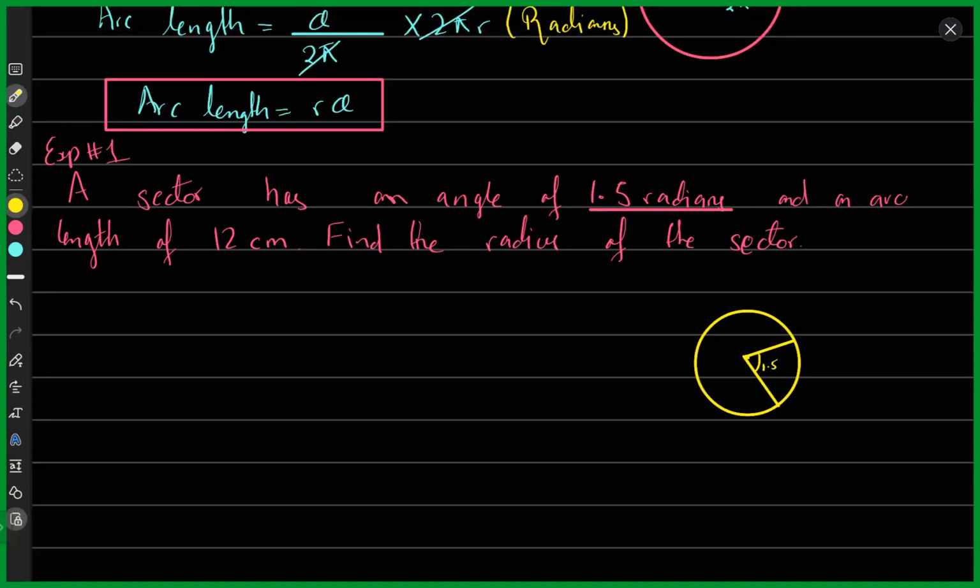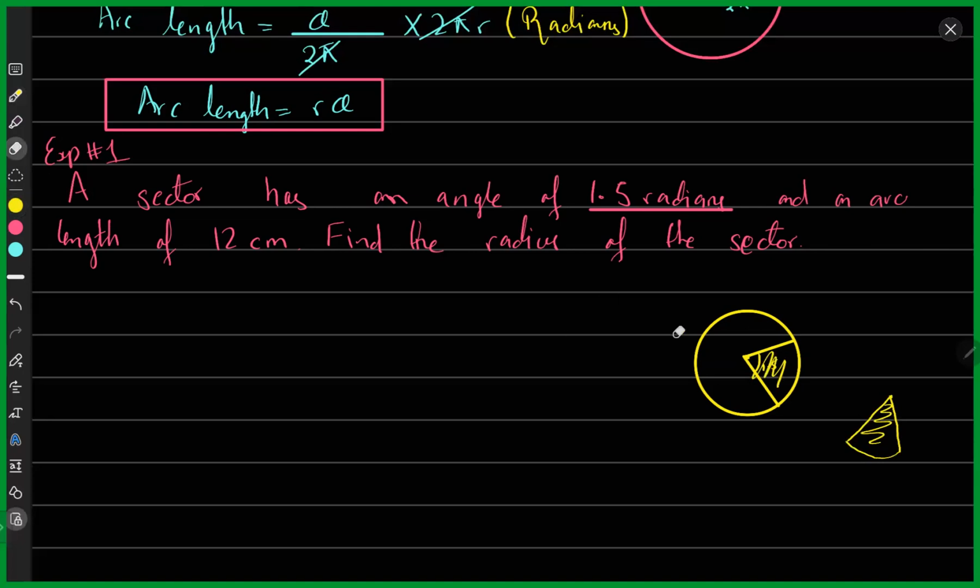It could be that it says the center of a circle and the sector is being made like this. Every time the entire circle would not be given. I'm just making the entire circle for your reference. It could be that only this part is given. So this and this are both the same. They are not different.